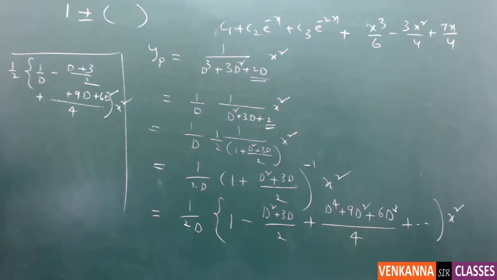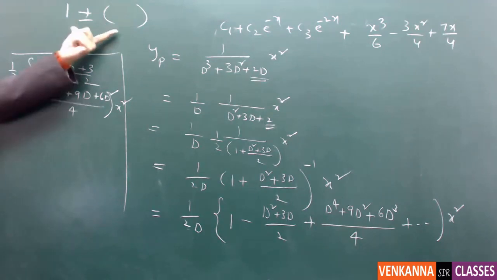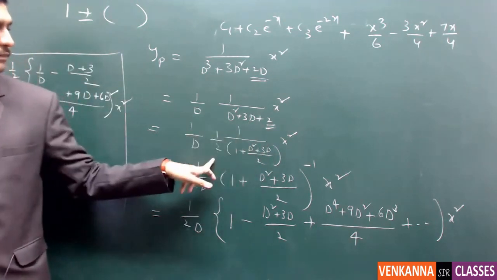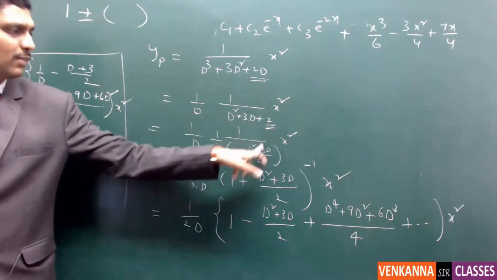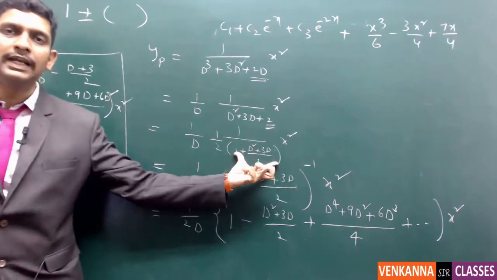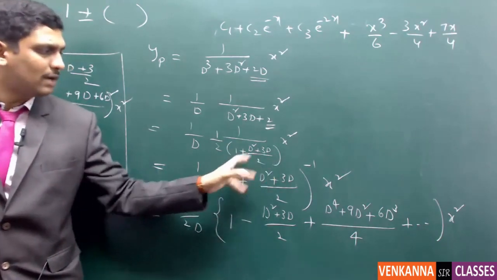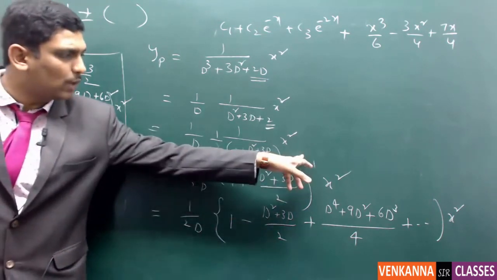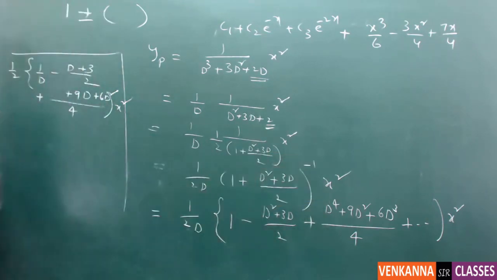So by taking the constant as common, I will get the required expression 1 plus or minus something in the denominator. So if you take 2 as common here, 1 plus D square plus 3D by 2 of x square will come. This whole thing is treated as 1 plus x in the denominator. So 1 plus x whole power minus 1 of x square is the form. Accepted? If that is clear, then I move further.